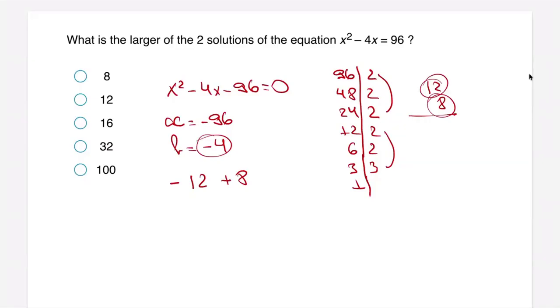Minus 12 times 8 is minus 96, and minus 12 plus 8 is minus 4. Second step, I need to get the opposite, and then divide by A. Everything here you find in your e-learning. So the biggest one is 12.